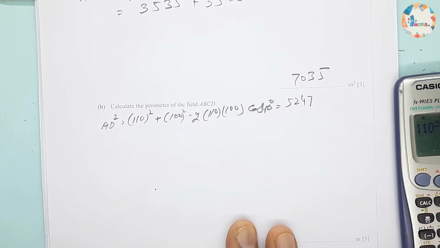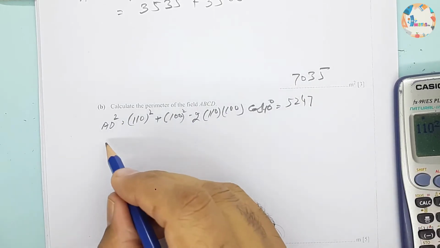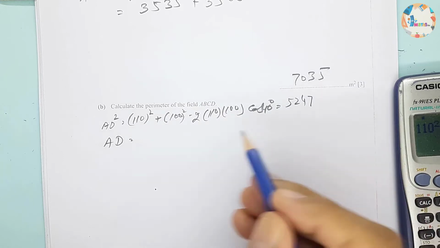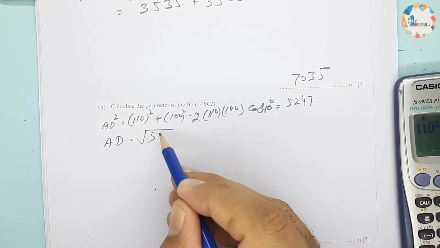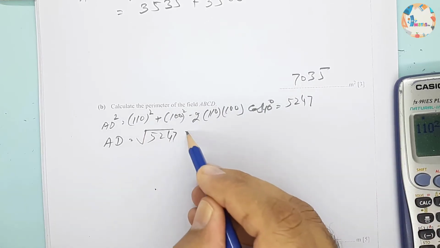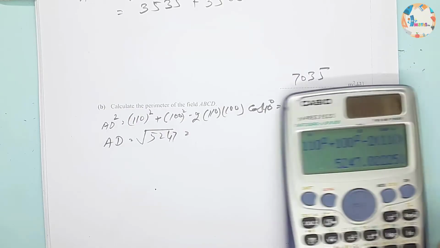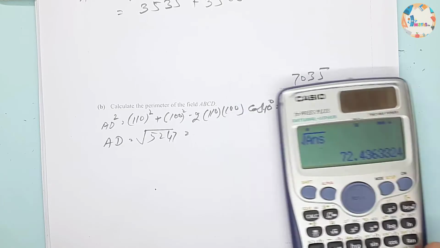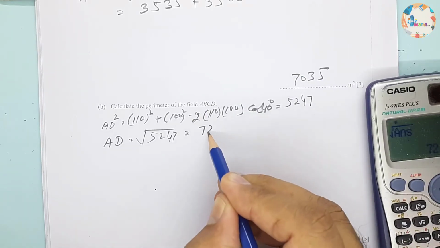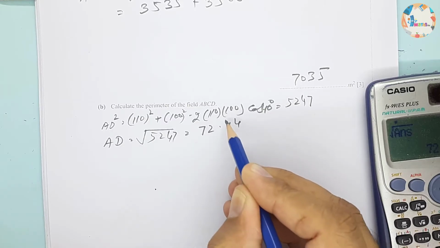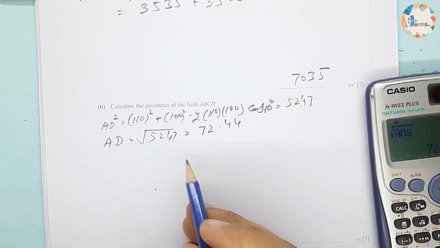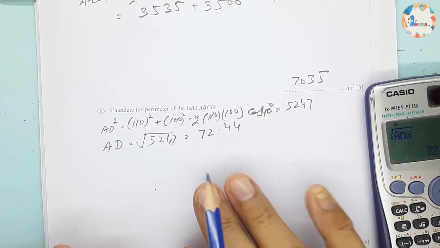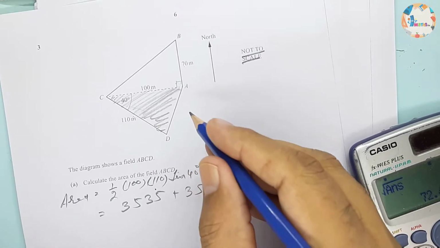This much will be AD square. Now AD will be the root of 5247, which is 72.44. So 72.44 will be the AD side.